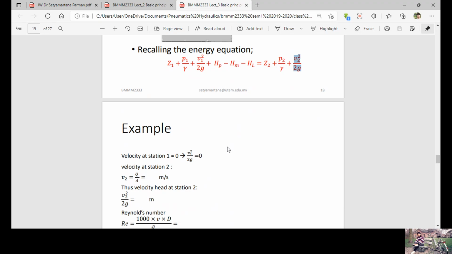After that, we need to calculate SL, the losses due to the pipe or fitting.